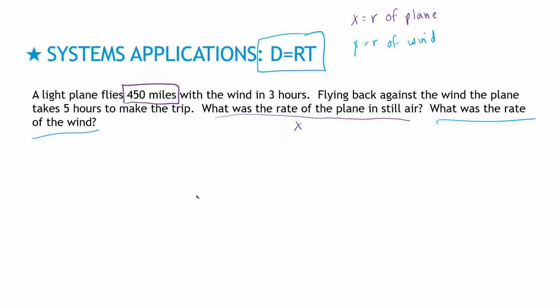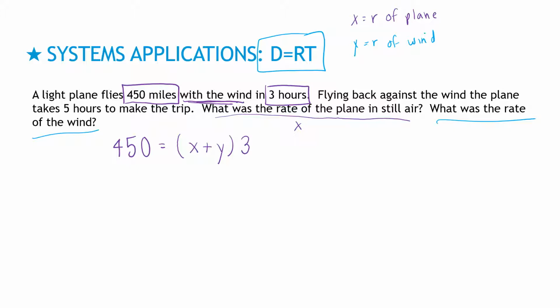450 miles is the distance, and with the wind, 3 hours. So just like last time, I'm either going to be adding or subtracting the two rates together. So if it's flying with the wind, distance is 450. Rate is the rate of the plane plus the rate of the wind, because the wind is helping it.